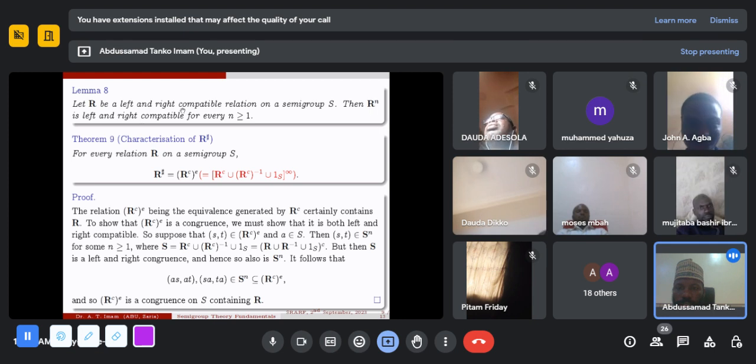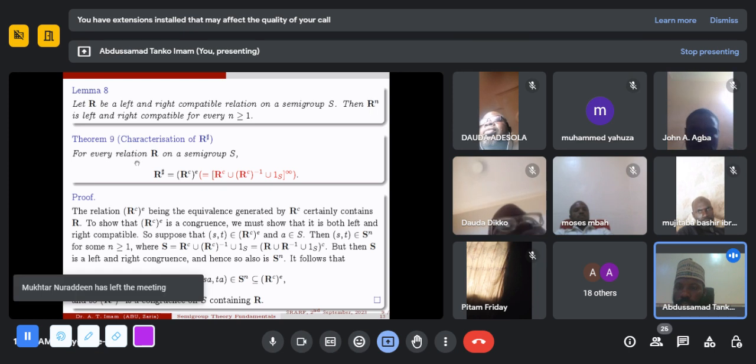So if R is left-right compatible, then R squared will also be left-right compatible, R3, R4, R5, Rn, for all n. If I compose as many times as possible, the composition will still remain left-right compatible. This is not difficult. It's straightforward to prove this lemma, and the proof is contained in the book. One can check.